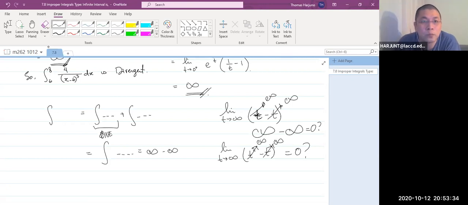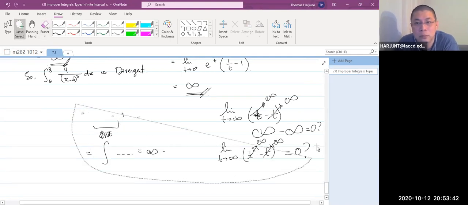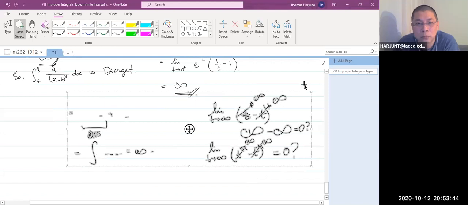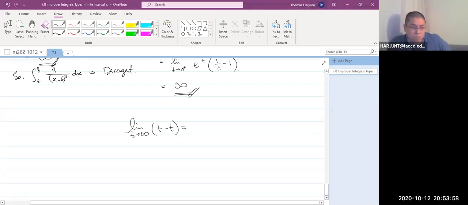Okay, so looking back to this, we know the limit as t goes to infinity of t minus t. How do you answer this? How do you work this out?